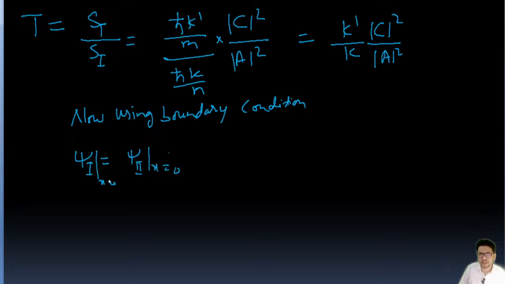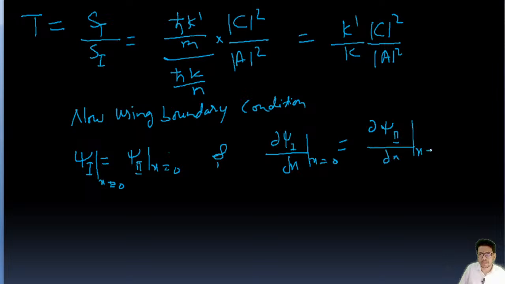The second boundary condition is d psi 1 upon dx at x equal to 0 equal to d psi 2 upon dx at x equal to 0.